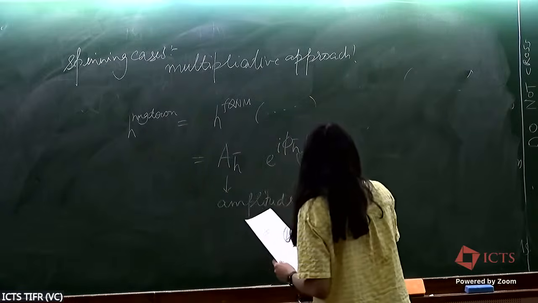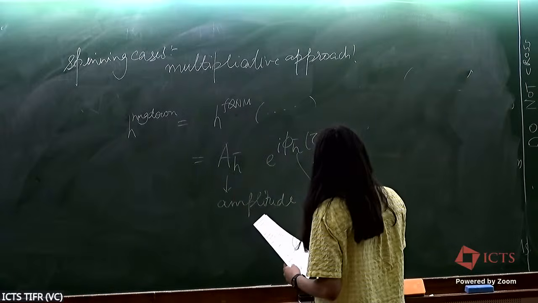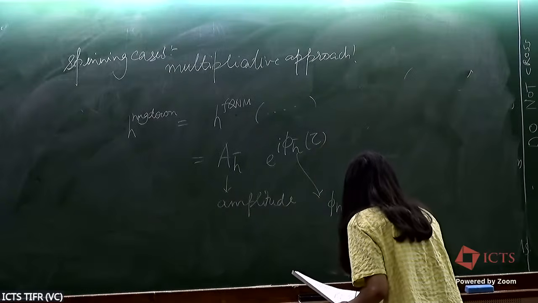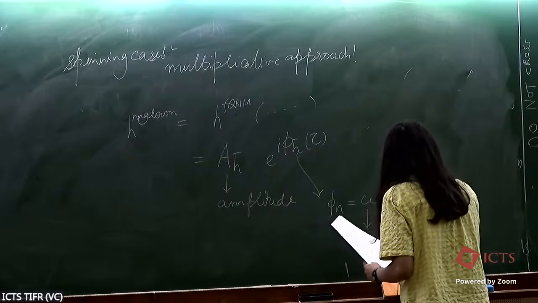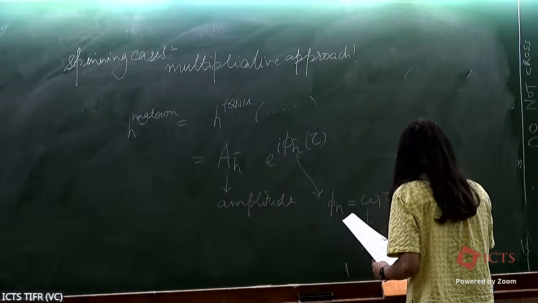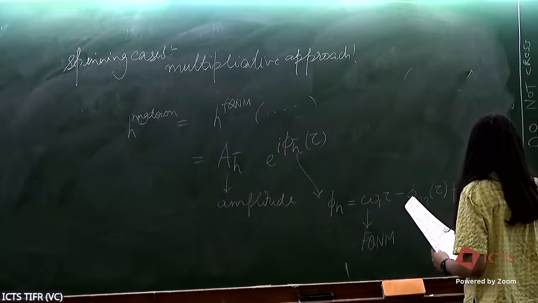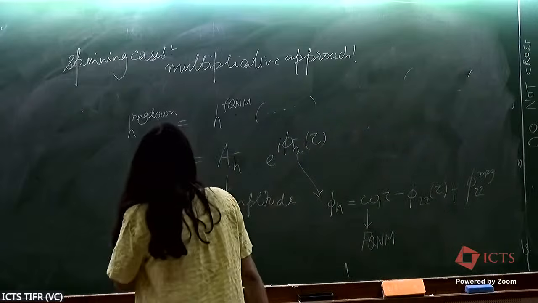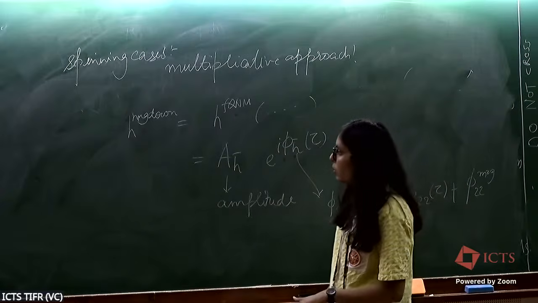And this phase, as I said, should be decomposed like this. So it has phi of H, which is omega 1, corresponding to the fundamental quasi-normal mode, minus higher terms, and this phi 2 is the phase at the merger time. And this A_H and this phi_H should be like a tanh function.